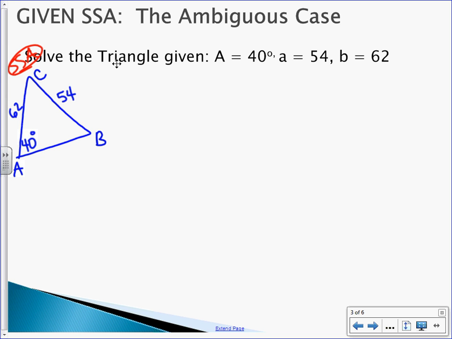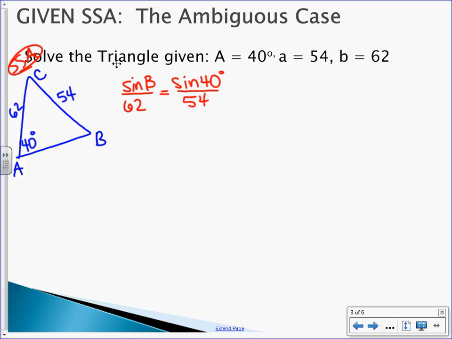Looking at the given information, you know what the formula is for the law of sines. What do we have to find first? We have to find angle B. So the sine of angle B over side b equals the sine of 40 degrees over 54. Let's talk about how we're going to solve for this.